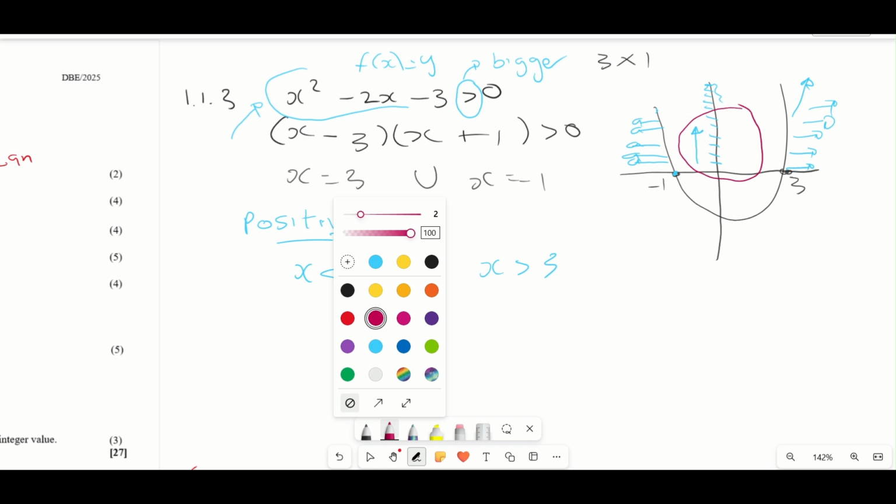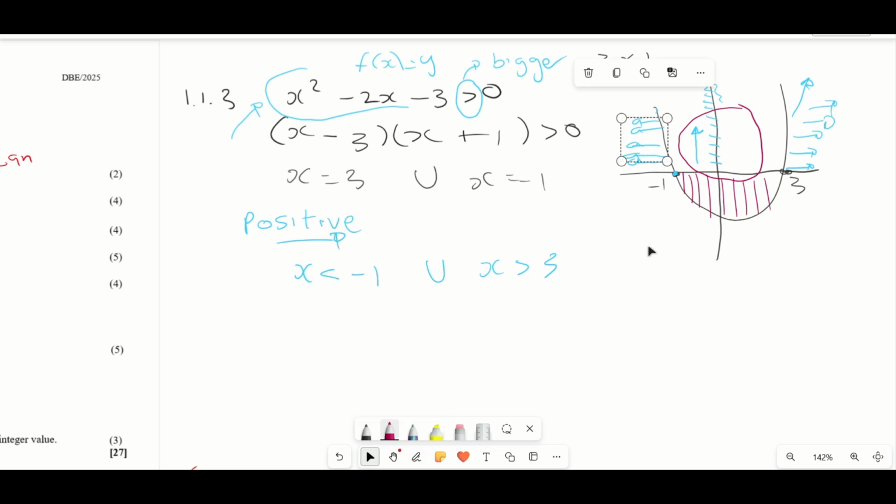So I cannot say "and 3." If I say "and," that means I'm including the values between -1 and 3. But if I say x less than -1 or x greater than 3, then I'm excluding those other numbers, right? I hope that makes sense.